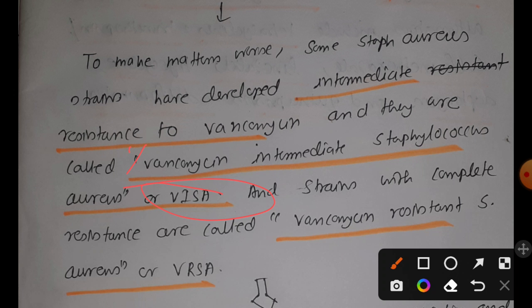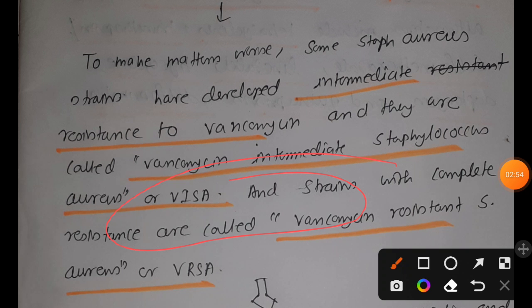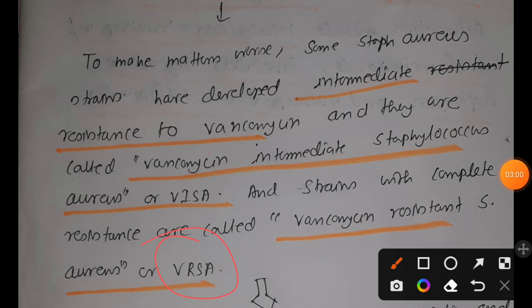And some of the strains have also developed complete resistance, called vancomycin resistant Staphylococcus aureus, known as VRSA. So we have here learnt about two kinds of strain. One is VISA, another one is VRSA. VISA is the intermediate strain, and VRSA is the complete resistance strain.